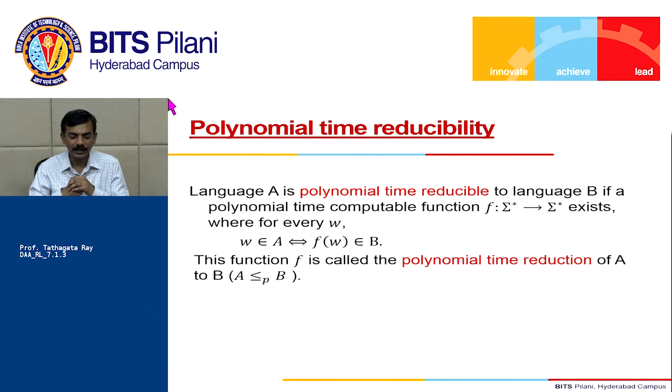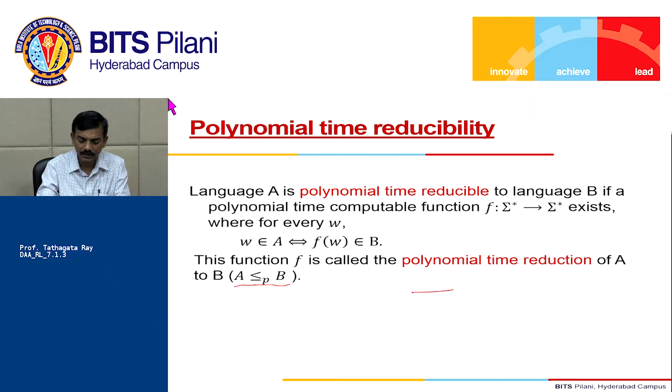We say that a language A is polynomial time reducible to language B if a polynomial time computable function f exists where for every w belonging to A, f(w) belongs to B. Also for every f(w) belonging to B, there should be a w belonging to A. This particular function is what we call a polynomial time reduction of A to B, and we denote that as A less than or equal to subscript P B. That's the notation.